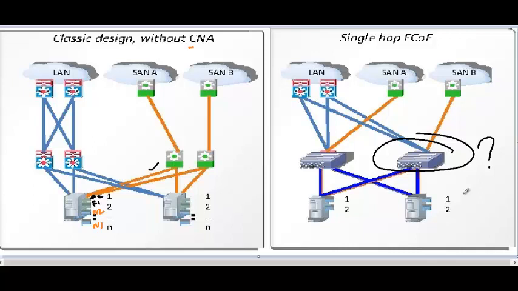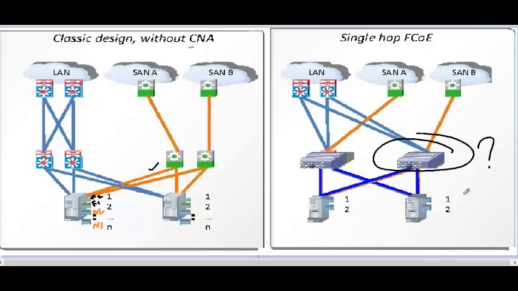You need a switch that can differentiate between the FC signal and the Ethernet signal. Every port on a Nexus switch can do this. It can do the Ethernet job as well as the FC job, the unified ports.